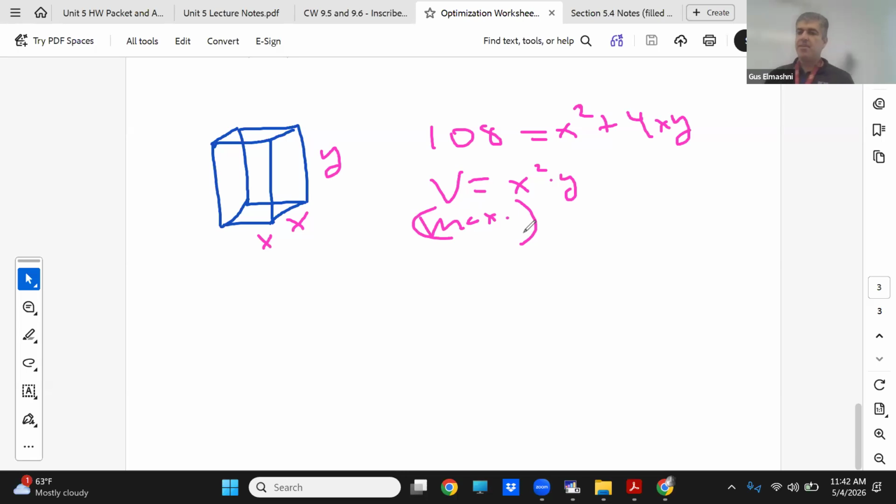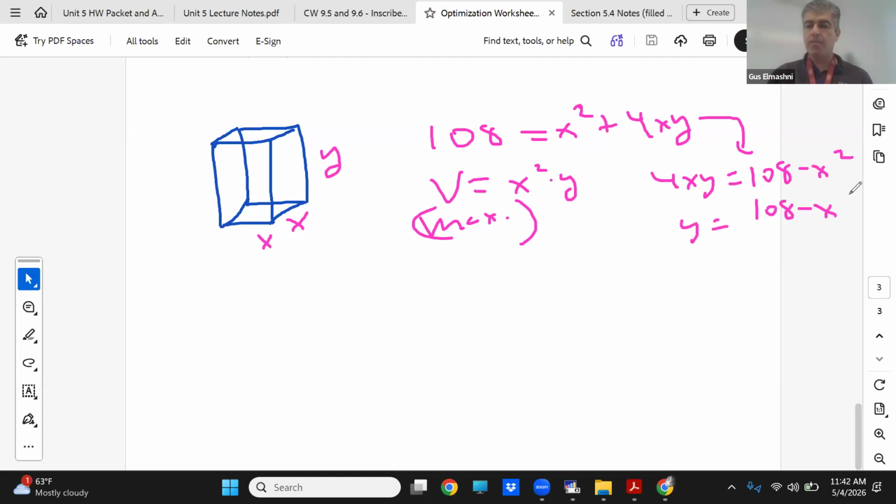Okay. So what do you think I should do? Yeah, get y by itself, I'd agree. So 4xy equals 108 minus x squared. What does y equal? Okay, so y equals that.